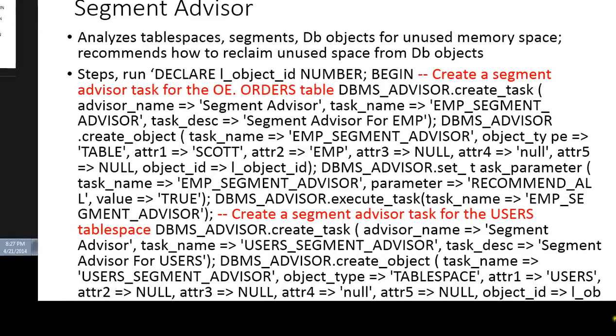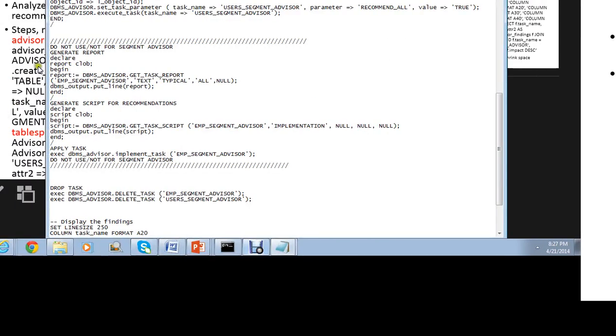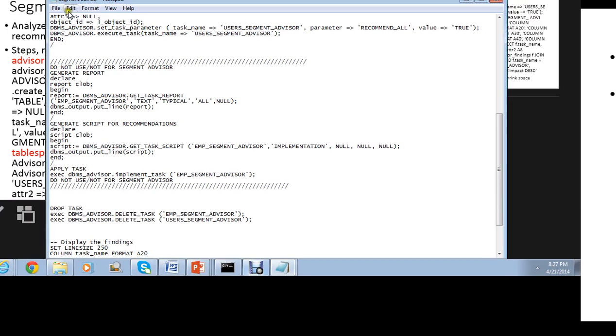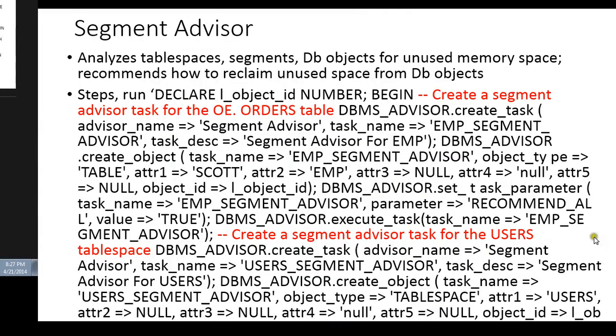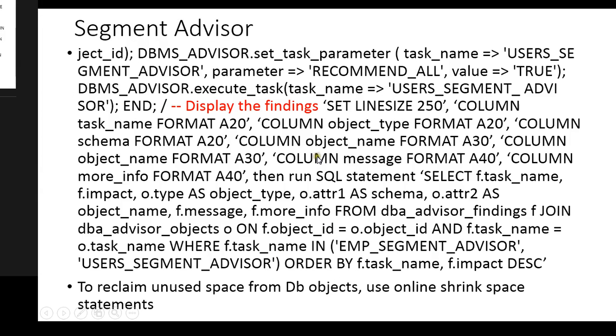Looking at the script, you're creating a segment. I'm actually going to be using the OE orders table, create a segment using table space. Okay, and just go to the next. Then I need to find out where the script ends.